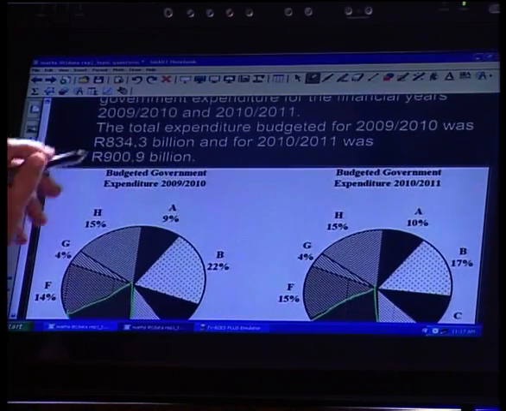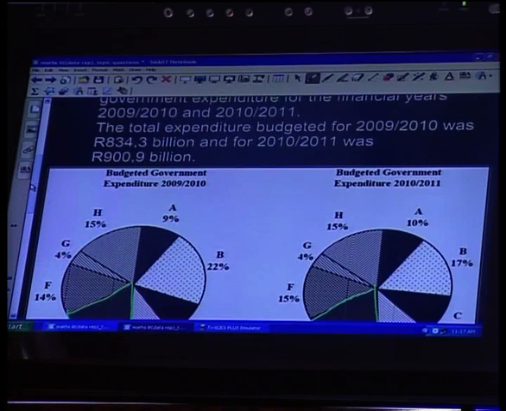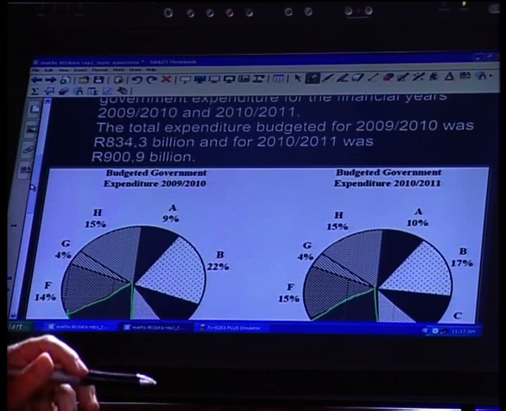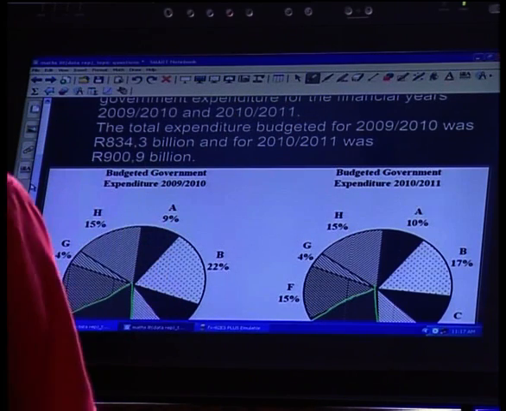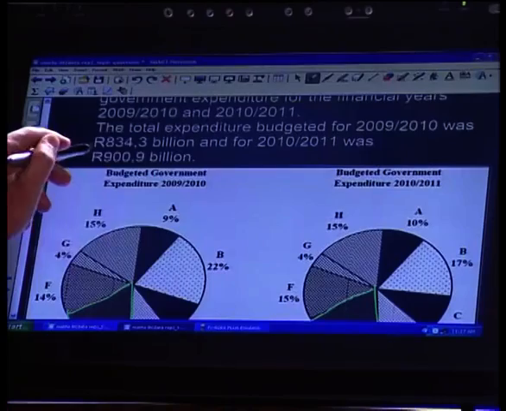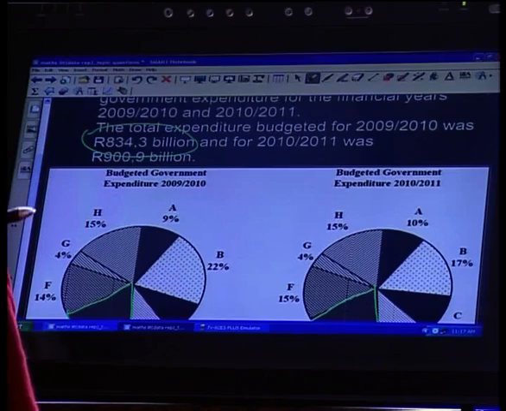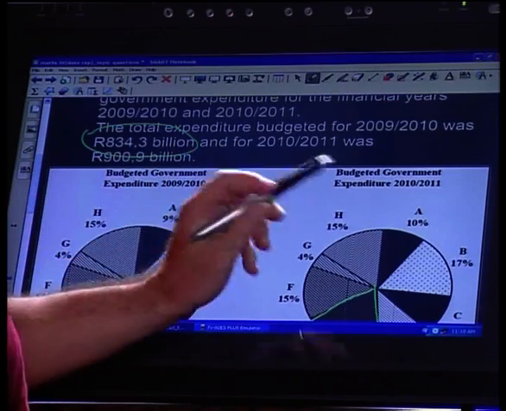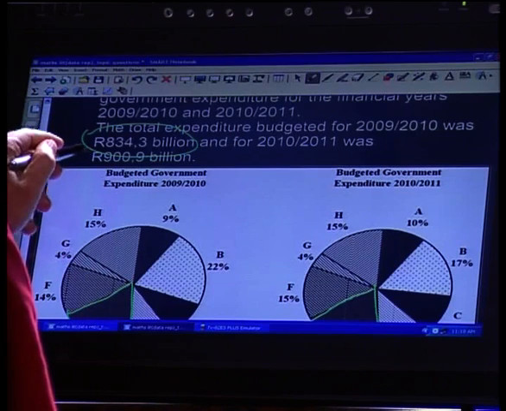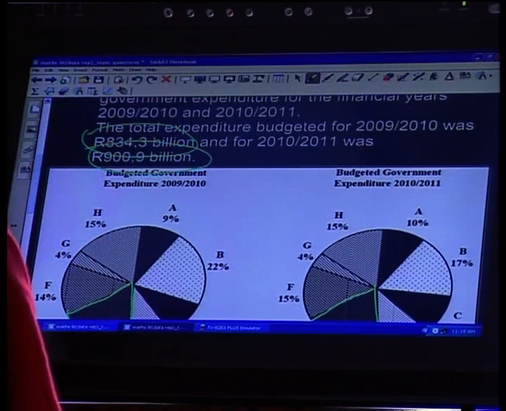However, we were given the totals for each of the years. And remember that a pie chart always represents the total, or 100%. So 100% for 2009-2010 came to 834 billion rand. And 100% for the following year was 900 billion.